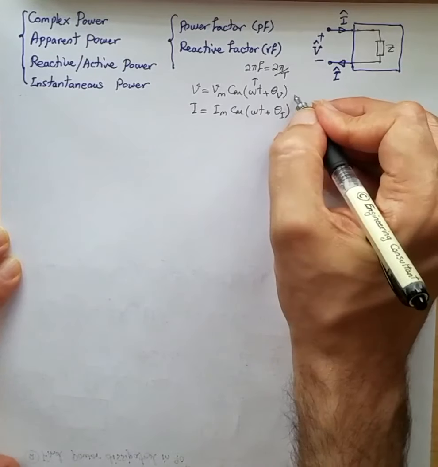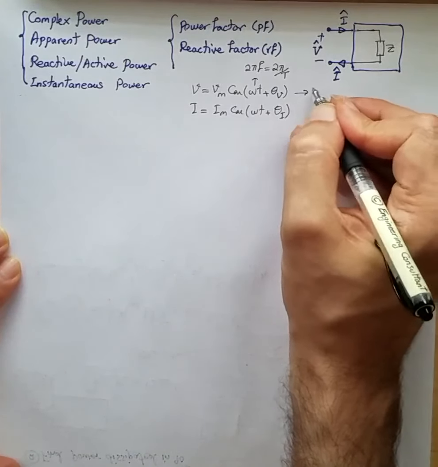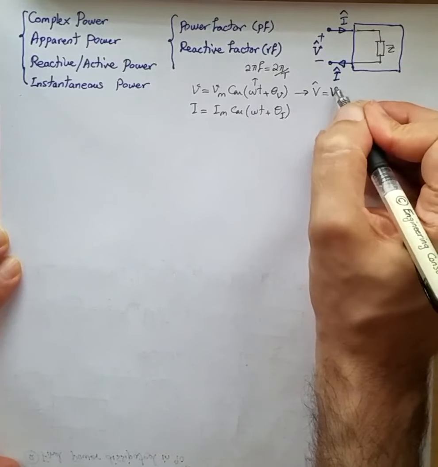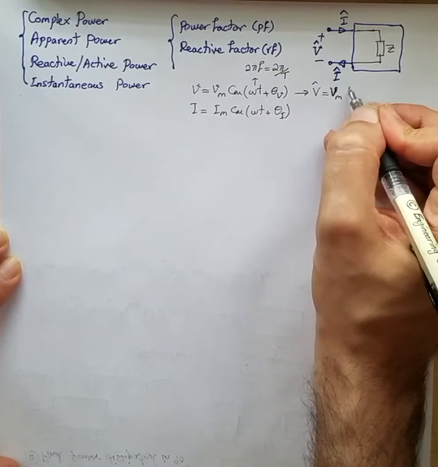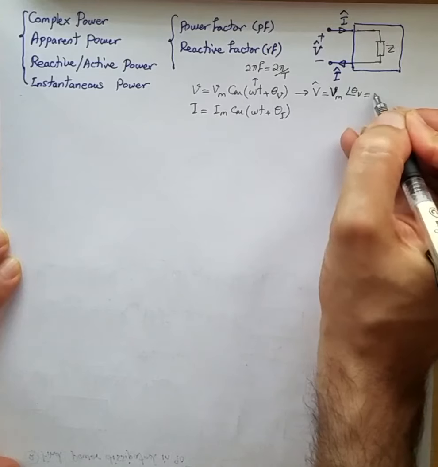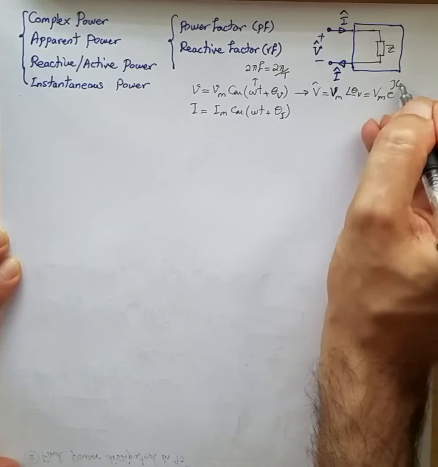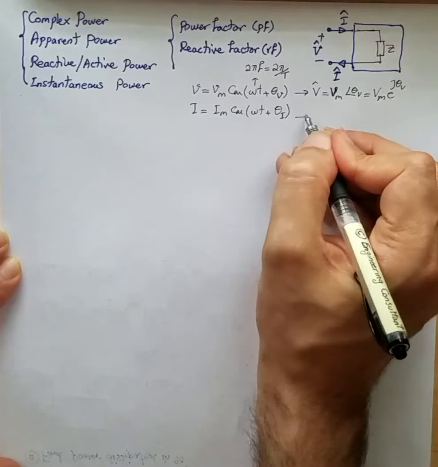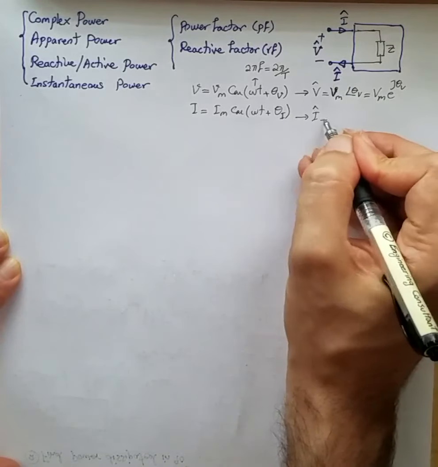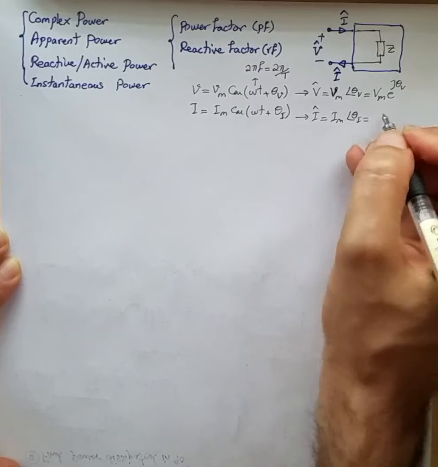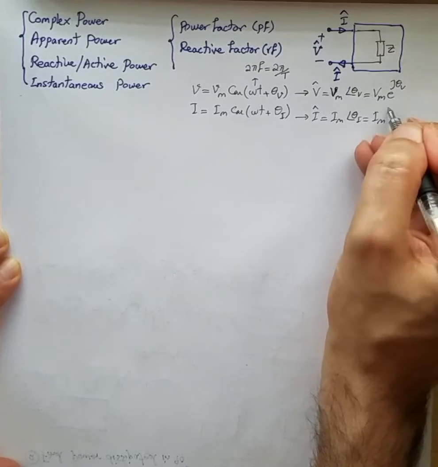We know that this can also be represented in phasor format as the V phasor is Vm with phase of theta V, which is effectively representing Vm e to the j theta V. And for the phasor current, we have the I phasor, Im with phase of theta I, which is effectively representing Im e to the j theta I.